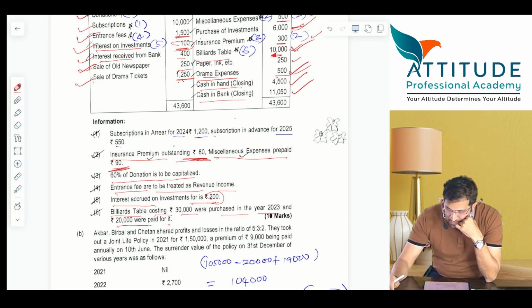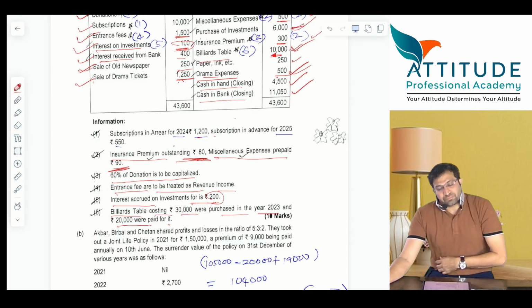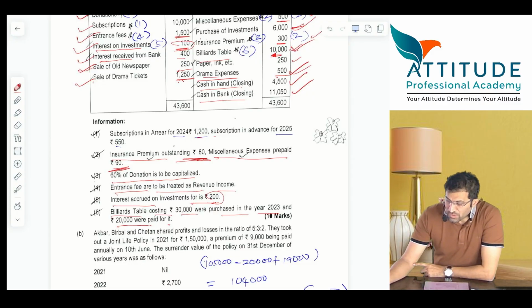Minus 500 minus 410 minus 380 minus 250. 12,110. Surplus 12,110.